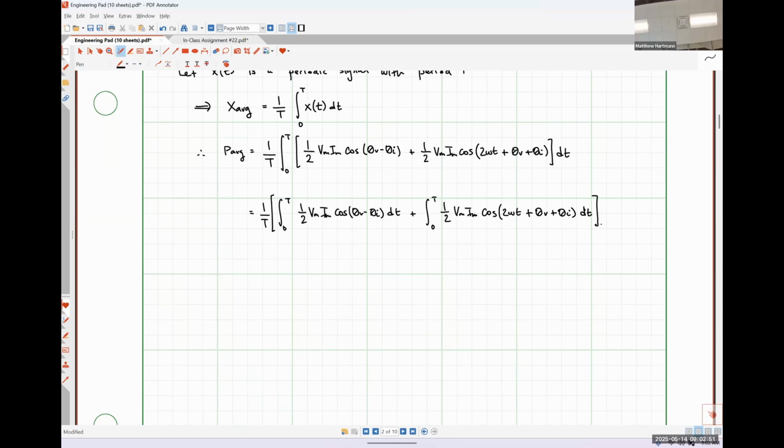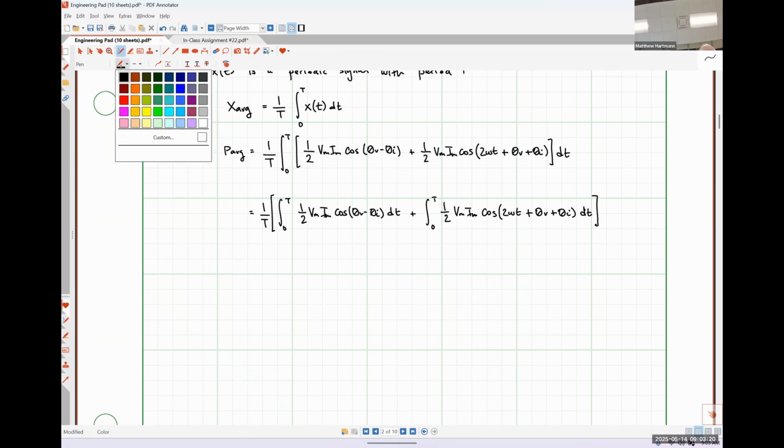Our AC term in a sinusoidal system is a sinusoid itself, okay? So we are integrating a sinusoid over exactly one period. What is the area under the curve if we look at a sinusoid over one period? 0, because exactly half of the time it's positive and exactly half of the time it's negative, and the areas cancel each other out.